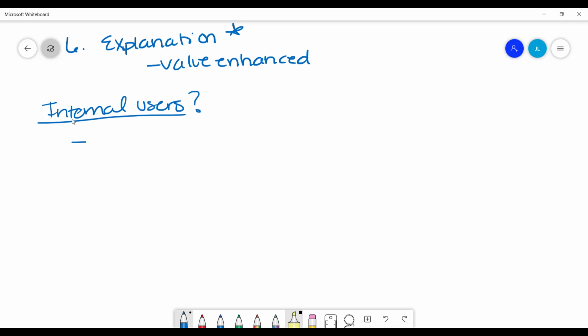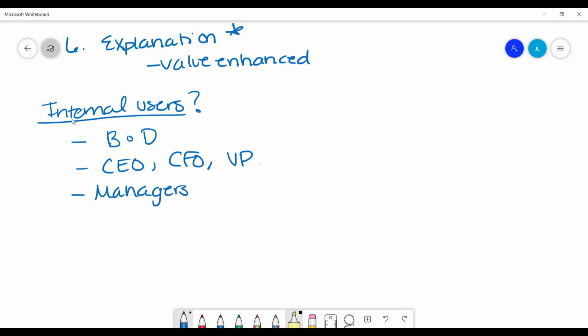Well, just think of who's really internal to an organization. An example would be your board of directors. What about your CEO, your CFO, maybe the vice president and president of the company? You have managers, but you also have specific kinds of managers.